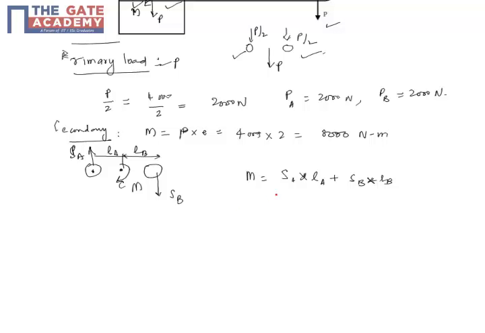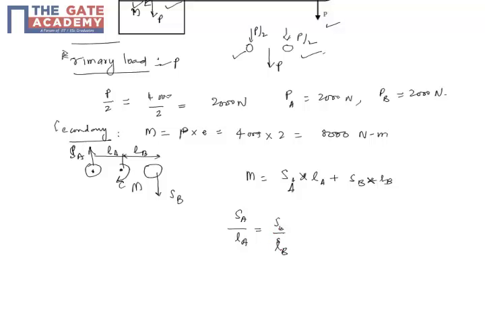But now there are two unknowns here, SA and SB. The farther the bolt from the center, the greater the effect of the moment, and therefore the greater the load. That is an assumption: SA by LA is equal to SB by LB.